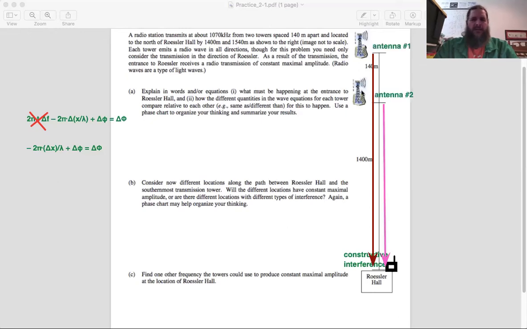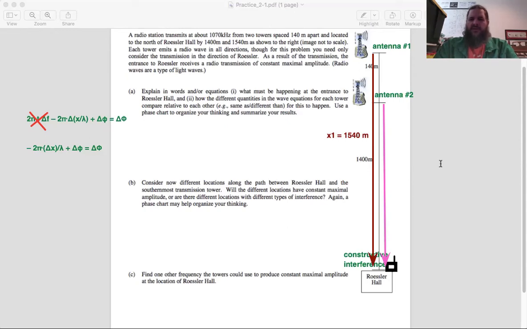And that way, it looks like antenna number 1 has a wave that's traveling 1540 meters. So we'll say X1 is 1540 meters. And then antenna number 2 is traveling a shorter distance, 1400 meters. So X2 is 1400 meters.